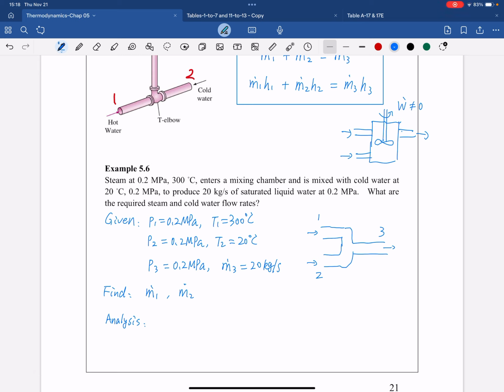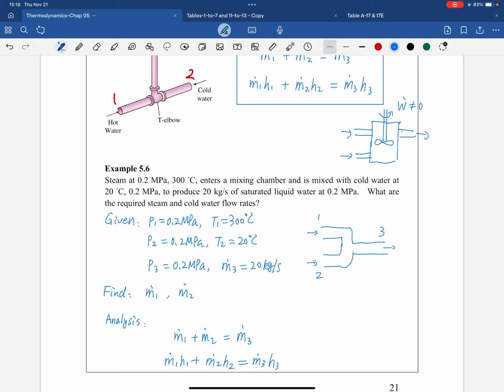Let's write down the first equation, m1 dot plus m2 dot equals m3 dot. That's our first equation. And our second equation is m1 dot h1 plus m2 dot h2 equals m3 dot h3.